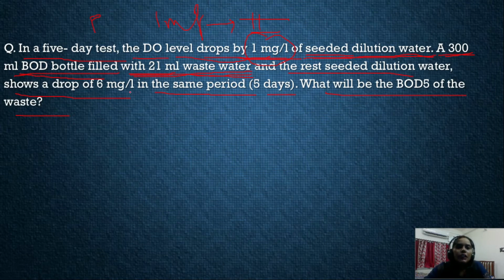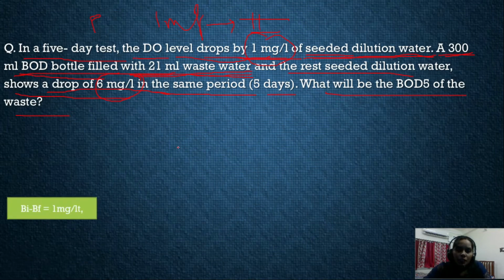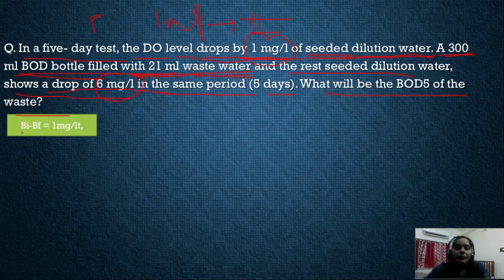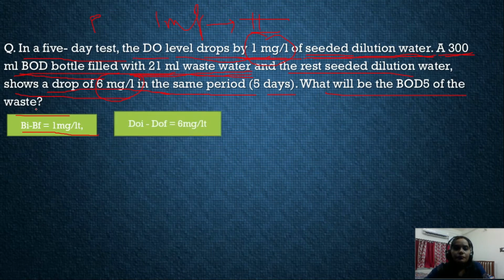Again, look here, and the rest seeded dilution water shows a drop of 6 milligram. Now what is the 6 milligram? This 6 milligram drop is for bottle 1. Exactly. So 1 milligram per liter, as I told you, is initial minus final value, and of course this is the bottle 2 value, and 6 milligram is for bottle 1.